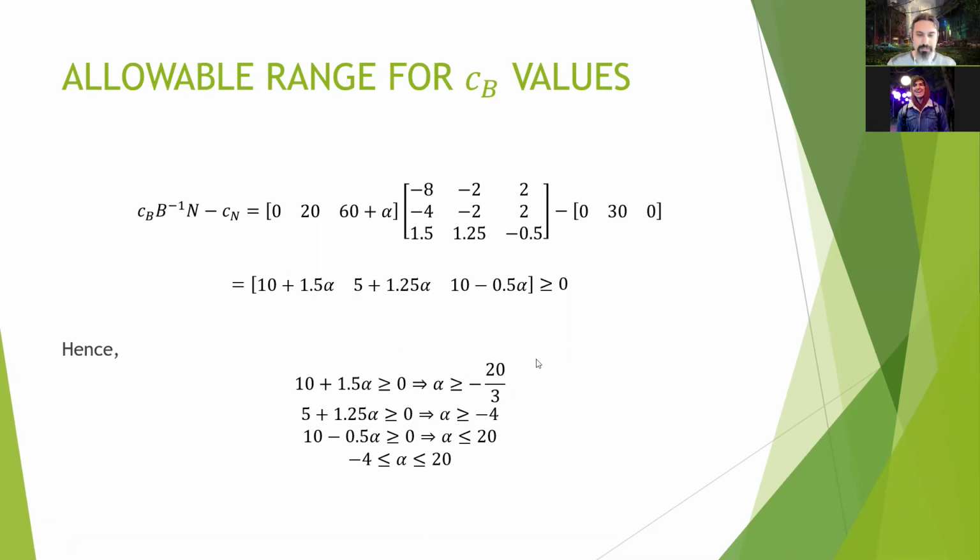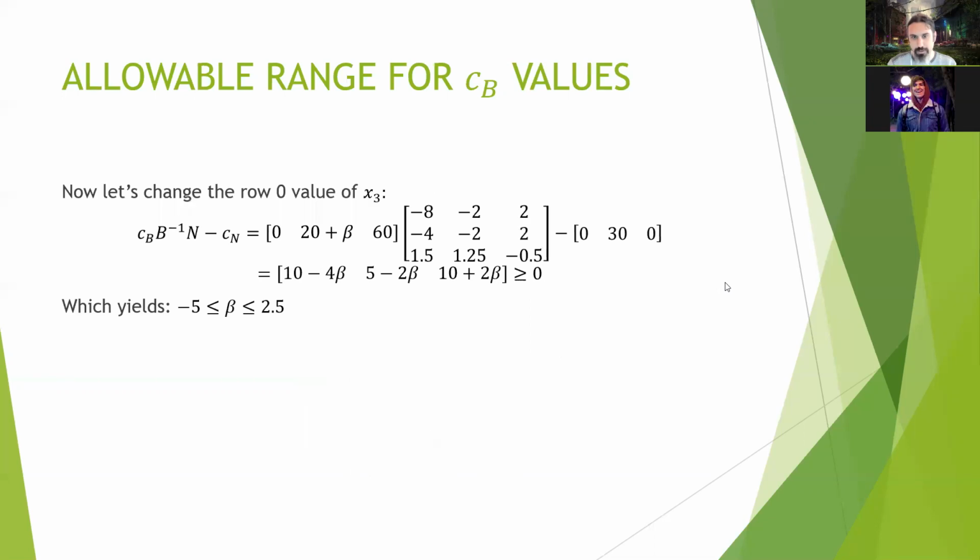Okay, this is a better constraint than this one, because this is more constricting, as a constraint should be. So minus 6.66 is not a good lower bound, but minus 4 is a better lower bound for this one. So this one will get eliminated. And for the last one, 10 minus 0.5A, well, as long as A is less than 20, I'm okay. So A is less than 20, which makes A between minus 4 and 20.